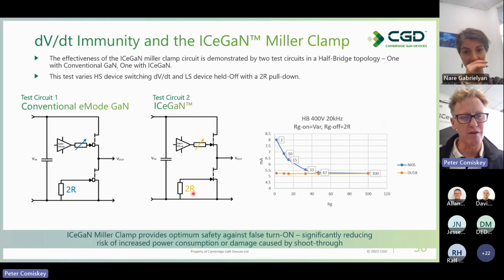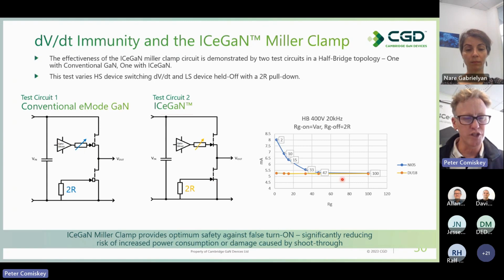We've tried higher and lower values, but for this illustration we're indicating a fixed 2 ohm resistor, which would represent the full loop from device through PCB to the driver, and then the driver through the PCB back to the device. And then we are varying the dV/dt by changing the gate resistor, as we illustrated earlier.